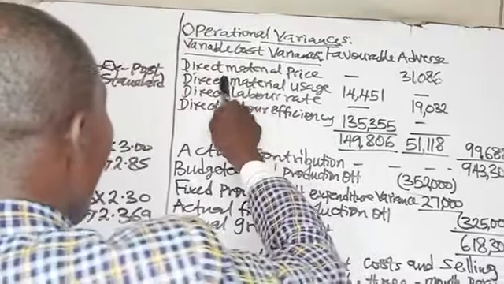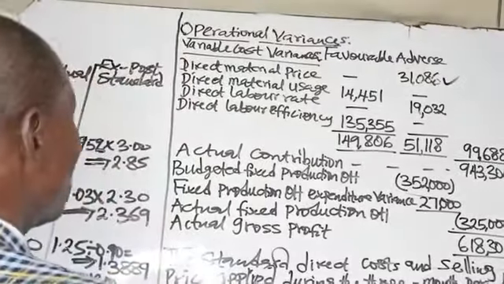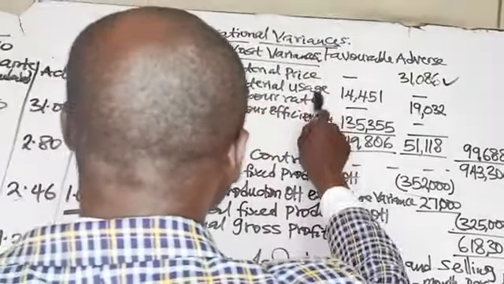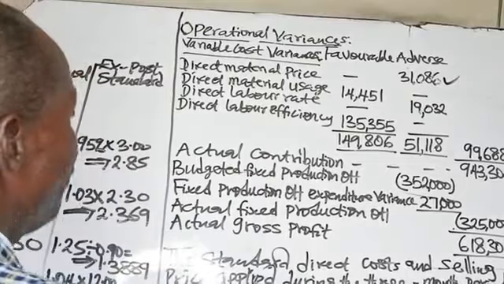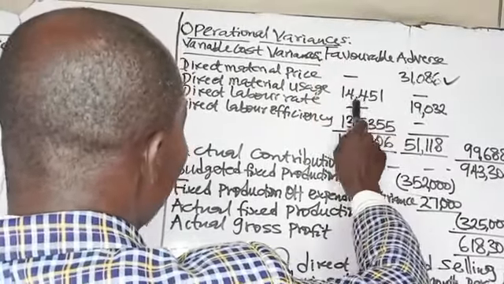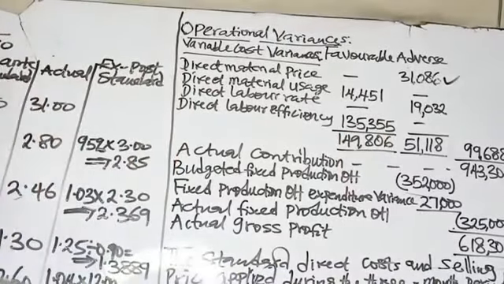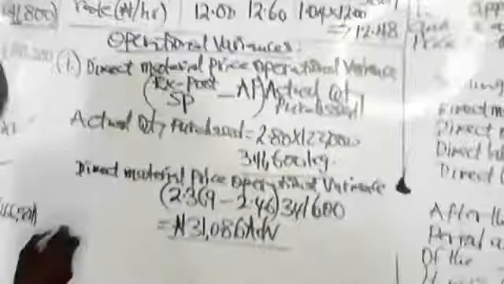Since this is correct, let's proceed to the next one: direct material usage operational variance. We have 14,451. How did they arrive at this?